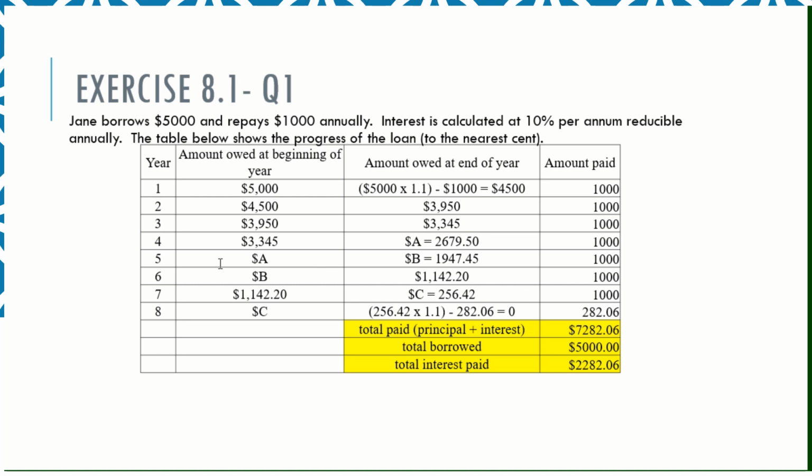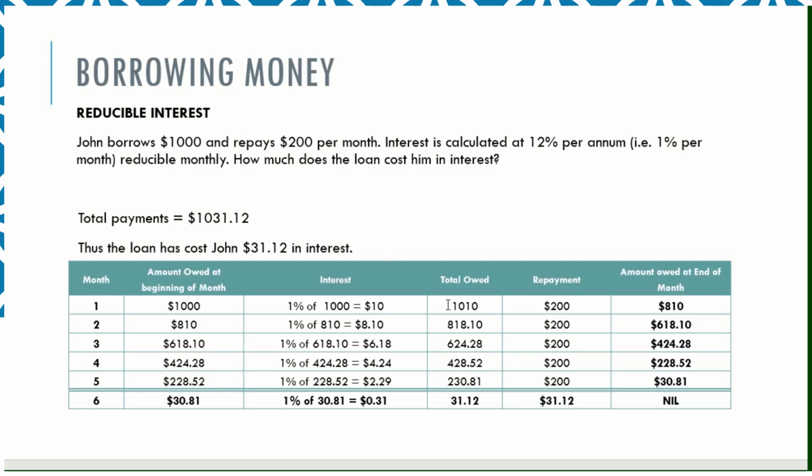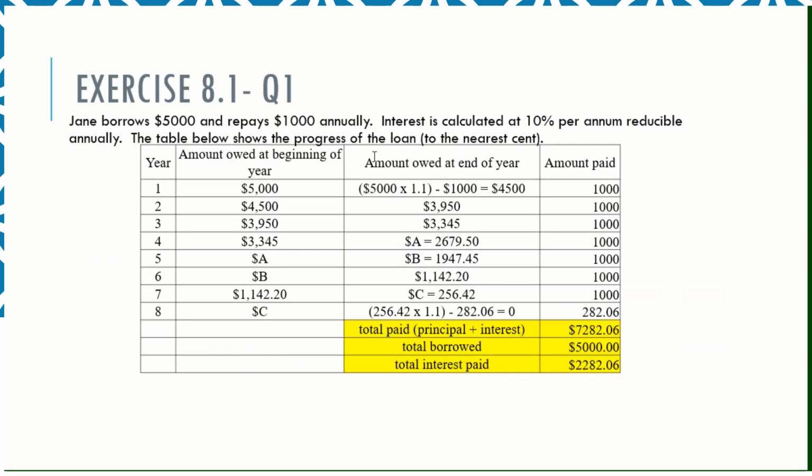That is why I straight away multiply by 1.1, easier for you. All right, but it's up to you. If you don't like this method, you can do one by one like this. Find the interest, add back, then find the repayment and minus. Okay, it's up to you. This is a bit of a shortcut. If you want, you can draw the extra columns and do it, no problem.